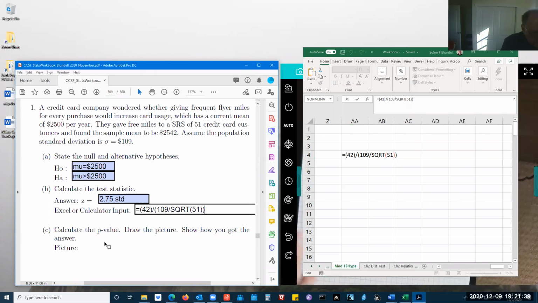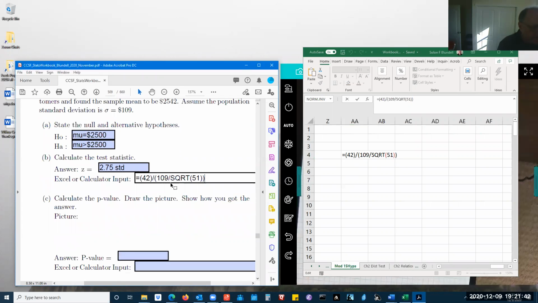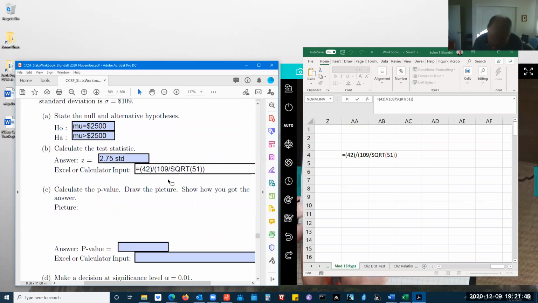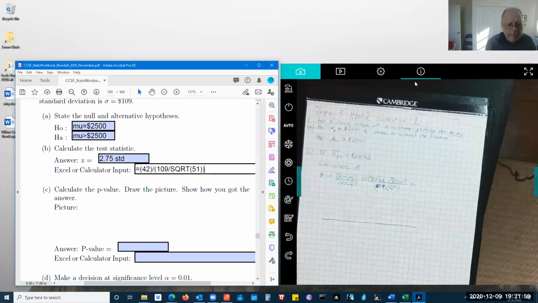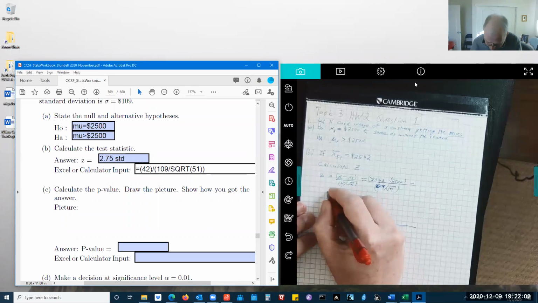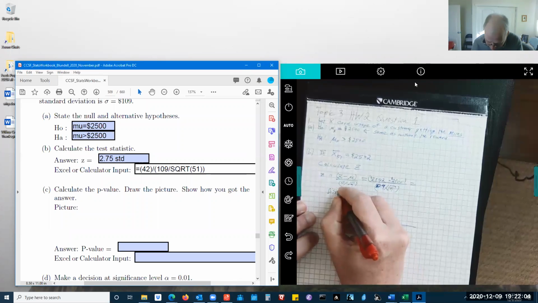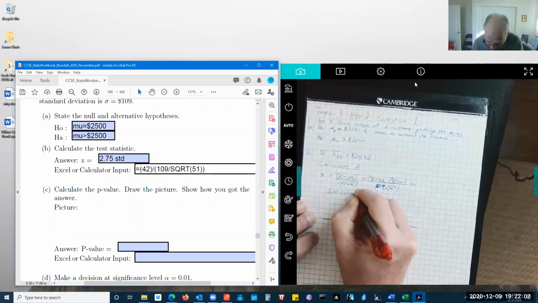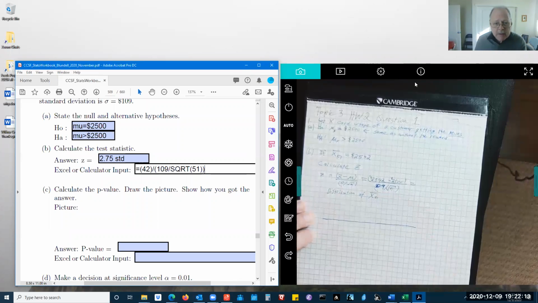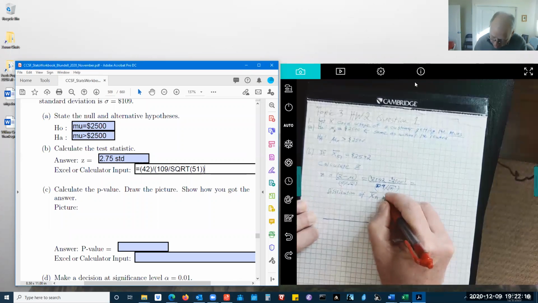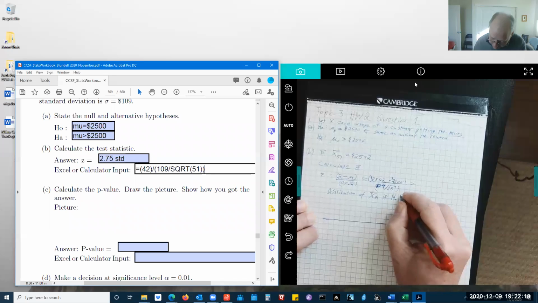Okay, so now all we have to do is draw the picture. So the picture of what? Well, for finding the p-value, what we need is a picture of the distribution of the sample mean, assuming the null hypothesis was true.